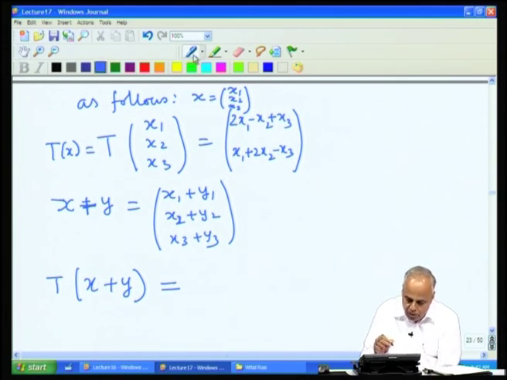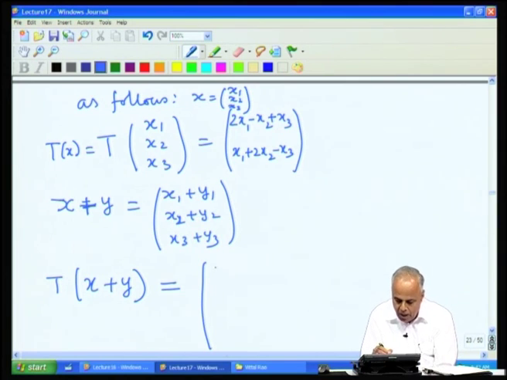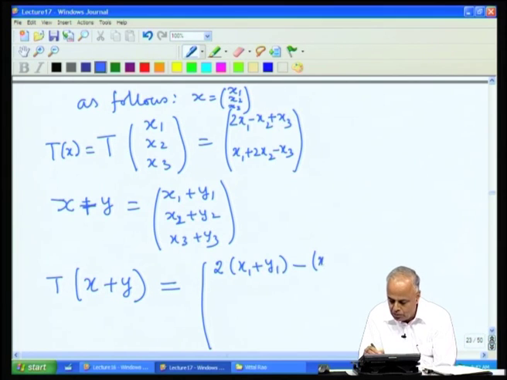So, to do the same thing, we take 2 times the first component of x plus y, which is x1 plus y1. From that, we must subtract the second component, and then add the third component.